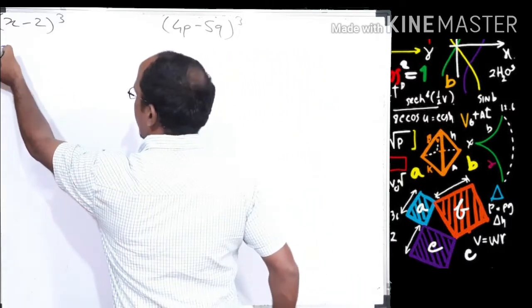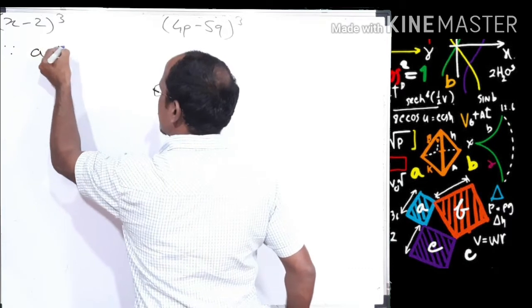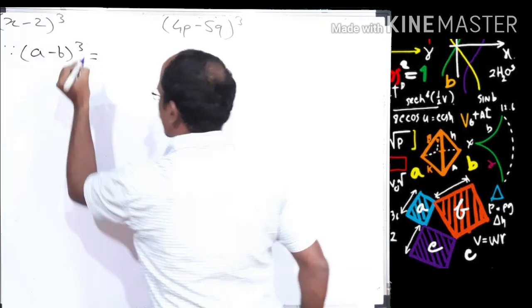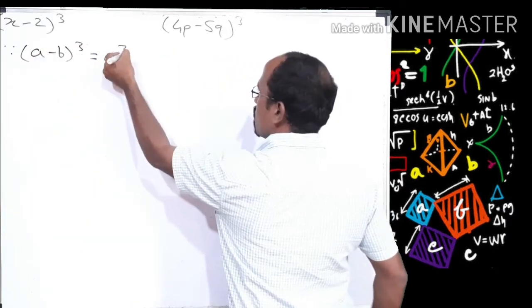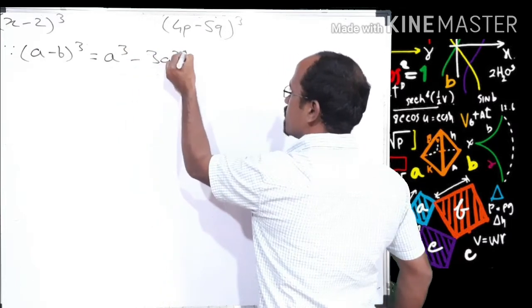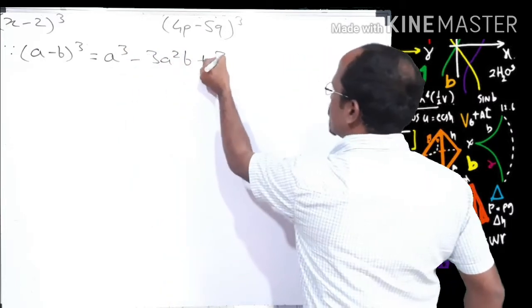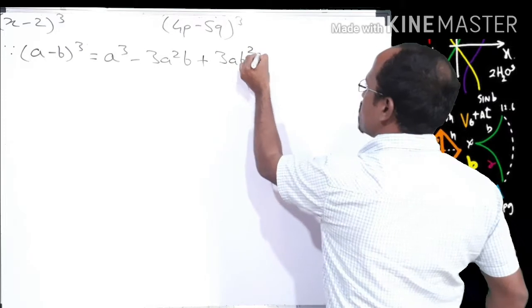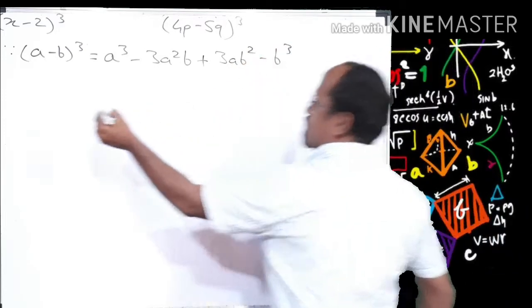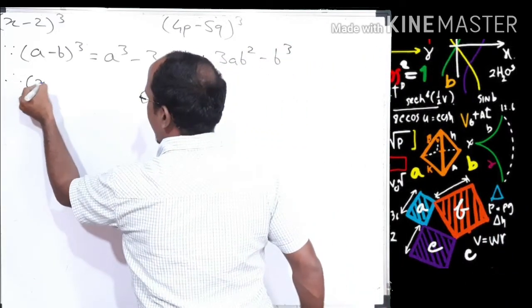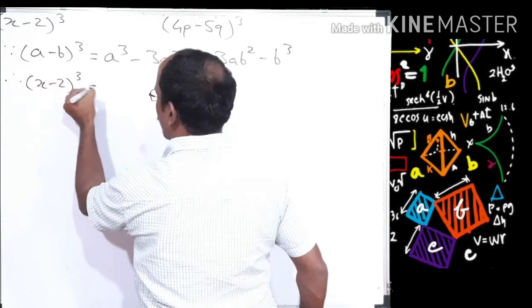If (a minus b) cube is equal to a cube minus 3a square b plus 3ab square minus b cube. Therefore, (x minus 2) cube is equal to.